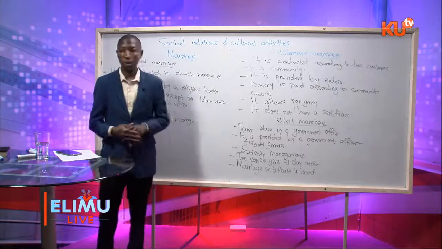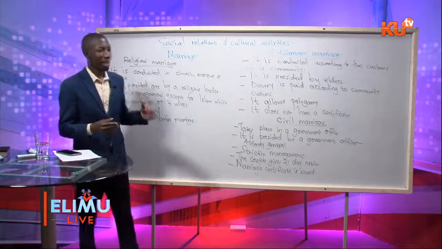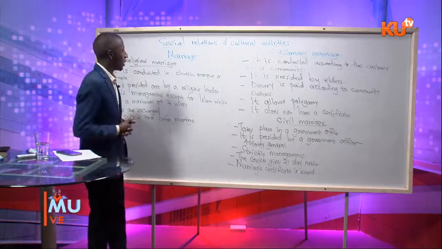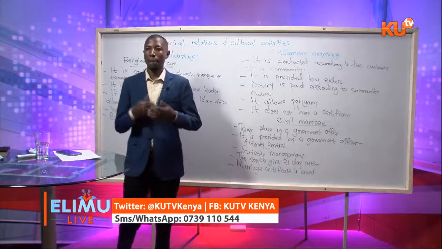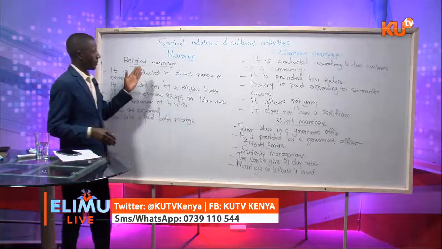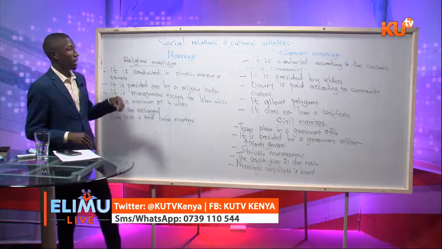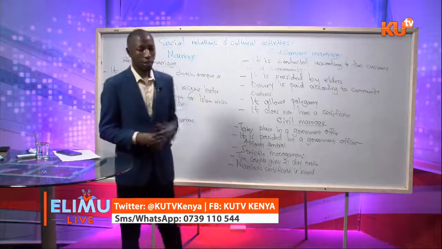If you do civil, you will not be allowed by law to marry another wife, whether through religious means or customary means. So there must first be a divorce between the two partners before you can proceed to marry in any other way.